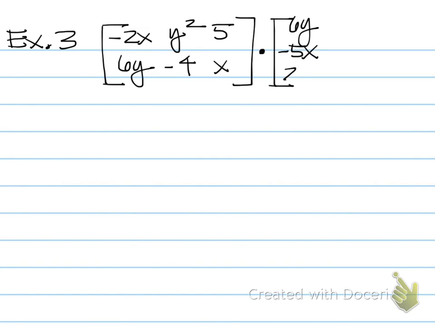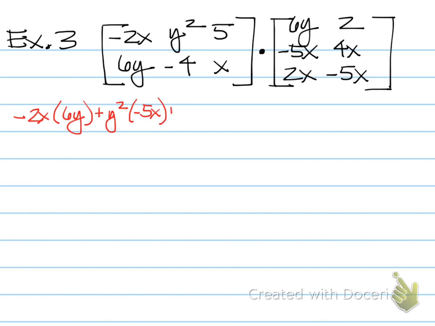All right, next example, we're multiplying these two matrices. We're going to take the first row of the first matrix and multiply it by both columns of the second matrix. This is what the first row, first column should look like. And then when we multiply the first row of the first matrix by the second column of the second matrix, we'll get the following expression.